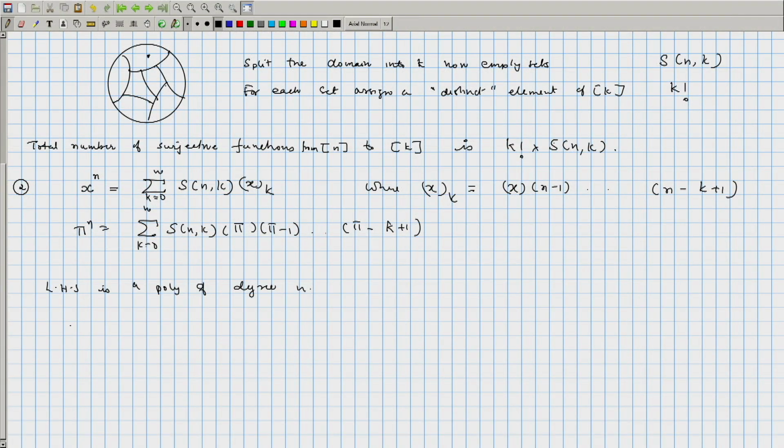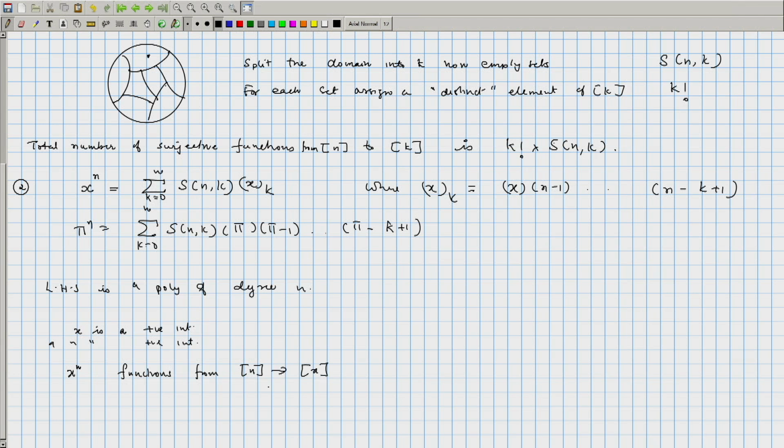So, let us say we can now assume that x is a positive integer and n is a positive integer. Therefore, we can use our combinatorial insights into proving this. X raised to n is nothing but the number of functions from n to x.